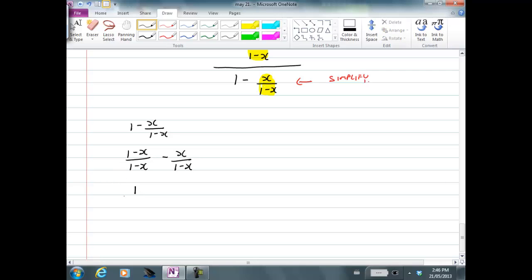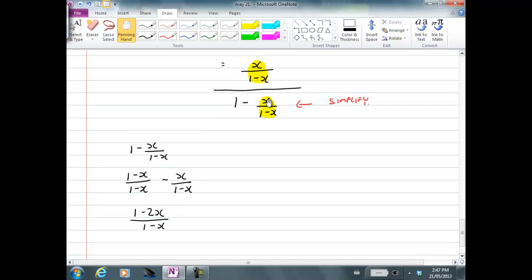This becomes 1 minus 2x over 1 minus x. So I want you to look at what I did right here. This whole entire thing really becomes this. So now I have x over 1 minus x, all over, see, look what I'm going to do.